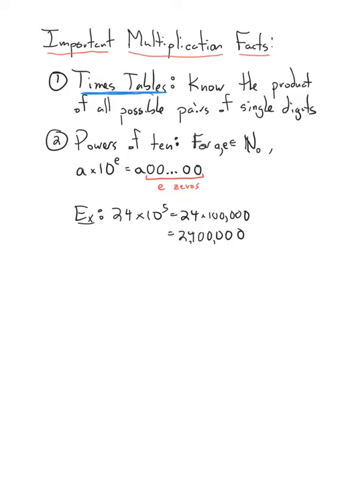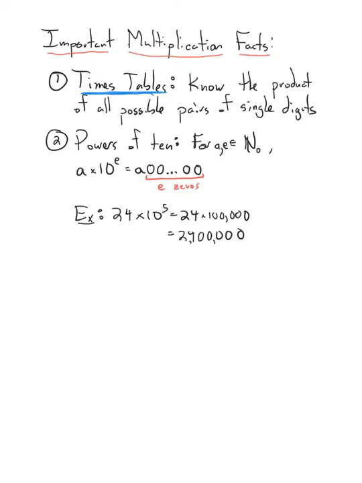For example, if I want to do 24 times 10 to the power of 5, well, what does this mean? This means 10 multiplied by itself 5 times, so that's 1 with 5 zeros after it. So all I'm going to do is take that number 24 and write 5 zeros after it.